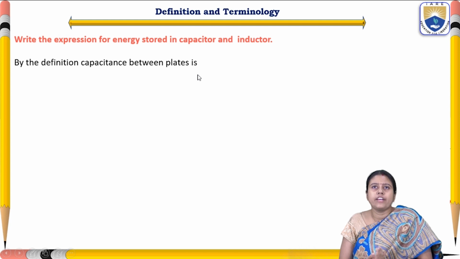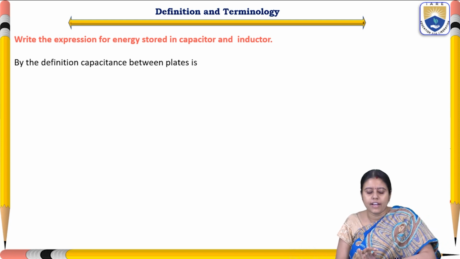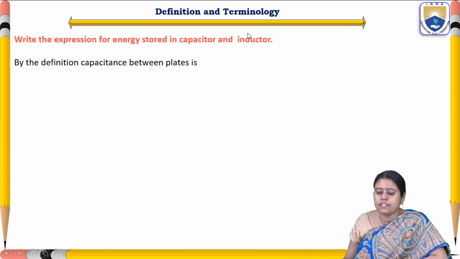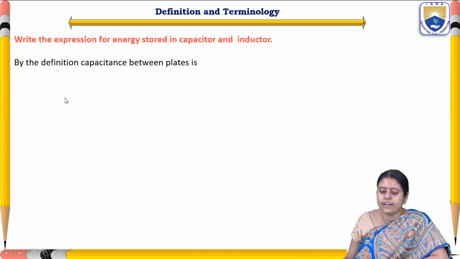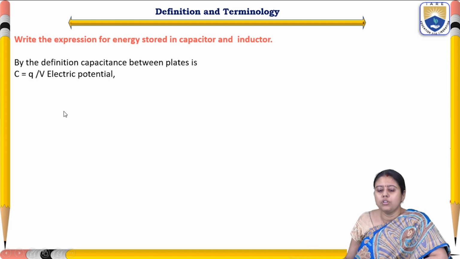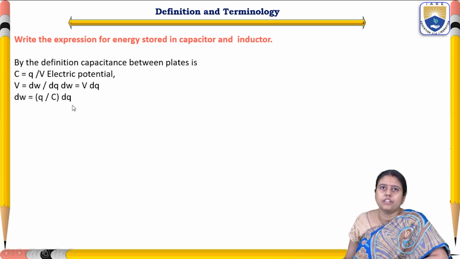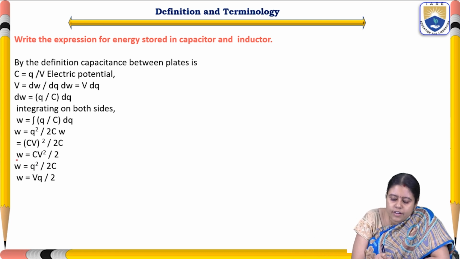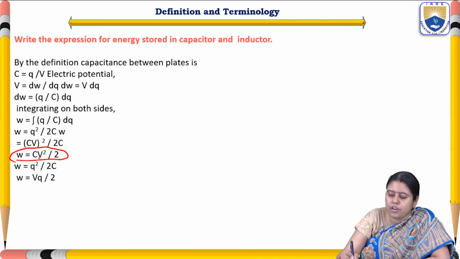Write the expression for energy stored in the capacitor and inductor. By the definition of the capacitance between the plates, we can write that C is equal to Q by V for the electric potential, and dW is equal to Q by C into dQ, and if we integrate this, we will get W is equal to half CV square.